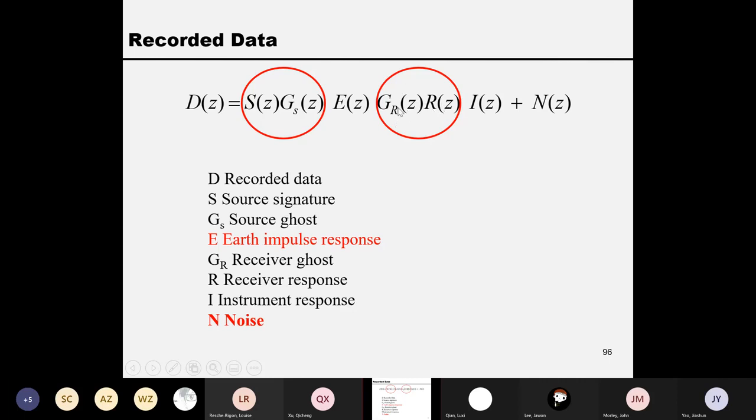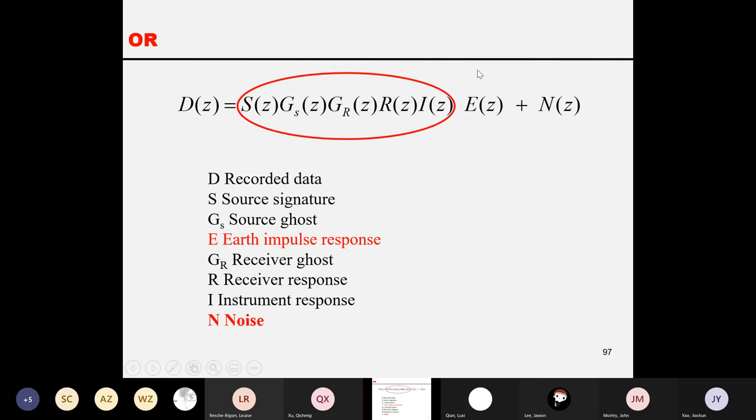And from the receiver to your recording instrument, you have instrument effects, response plus noise. So altogether this is the waveform you recorded.